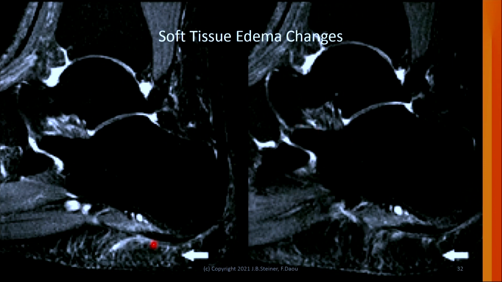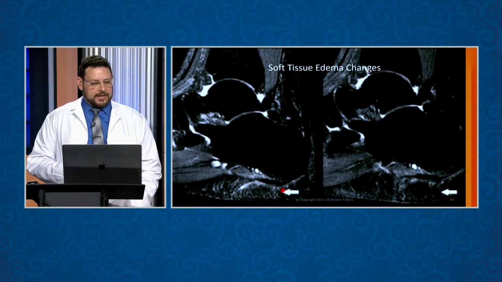This is before and after. It's a little bit hard to see, but I'm highlighting it here with my red pointer. This is soft tissue edema. It's not supposed to be there. Simply by adding this benevolent chi, the soft tissue edema goes away.